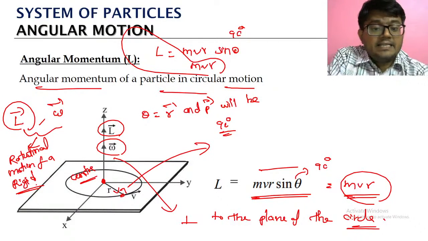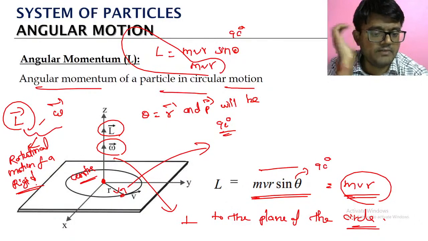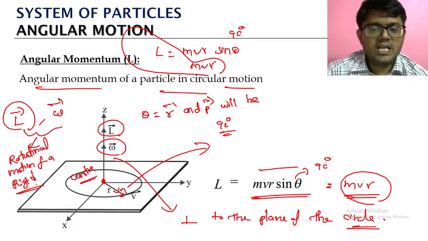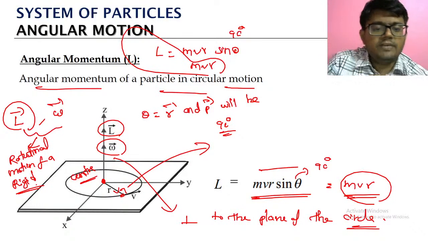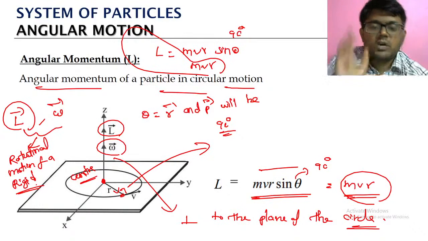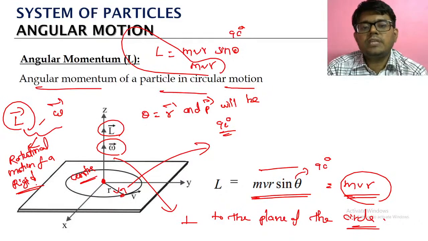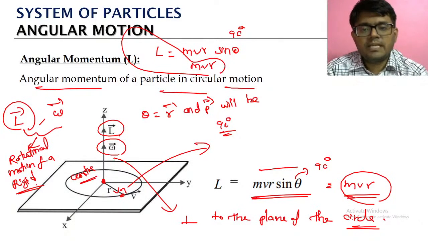So நீங்க இங்க பார்க்கல, இந்த டயக்ராம் என்ன, we are showing L bar and omega bar in the same direction. அதுதான் the relation. L bar and omega bar, right, will be in the same direction. அது எப்படி வருதுன்னு சொல்லிட்டு we'll talk about it when we go to the rotational motion of a rigid body. அந்த discussionல we'll talk about it. ஓகேவா? So this is how we will be able to give the direction of the angular momentum.